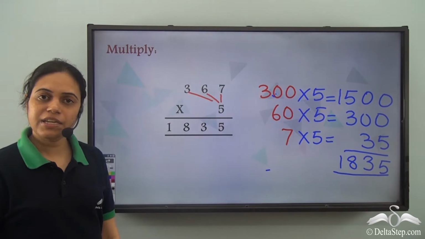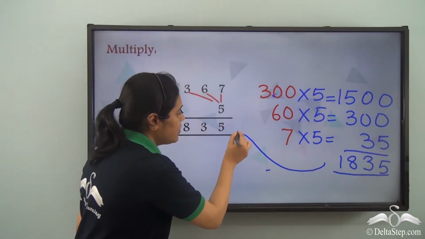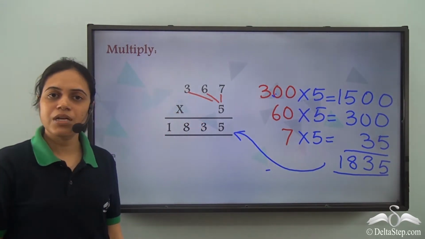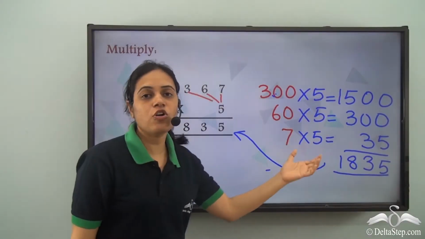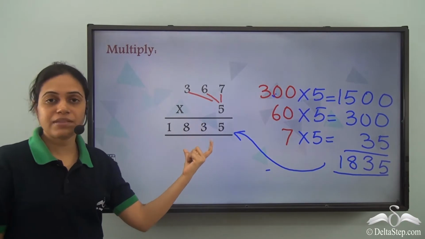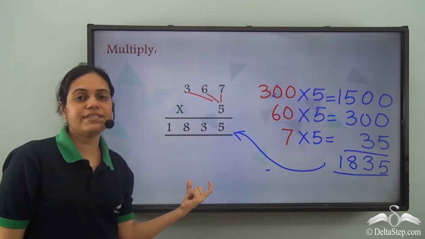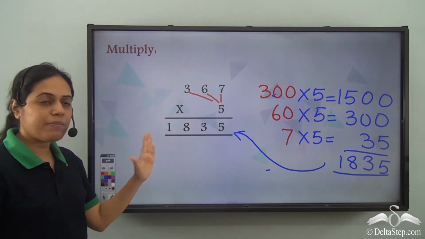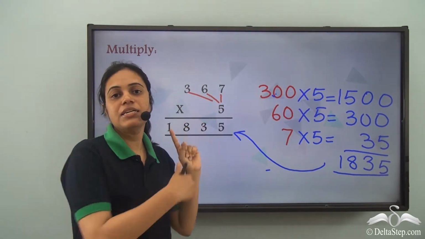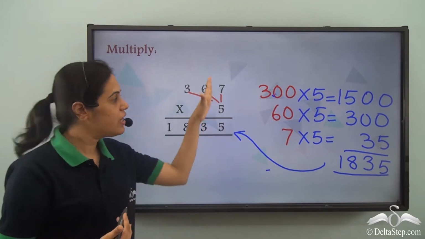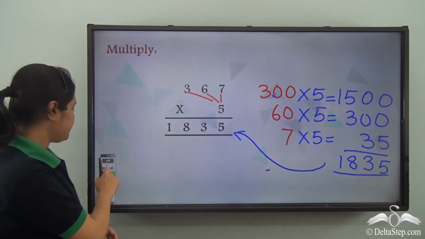So we get 1835, which is the same as this. That is why this method works. This is the logic behind this method. That is why we always get the correct answer when I multiply like this. So, multiply the digits starting with the rightmost digit one by one.